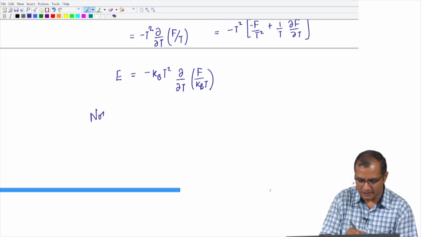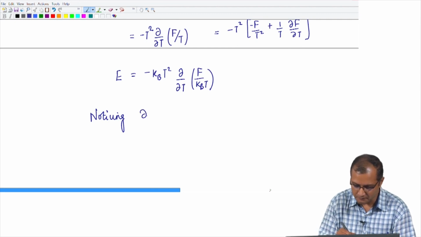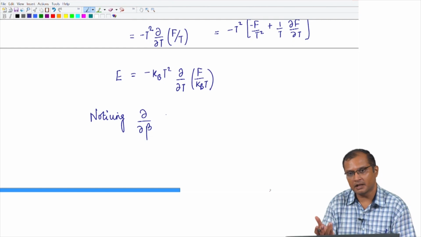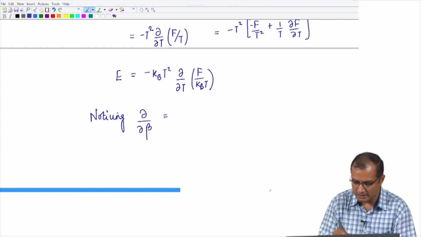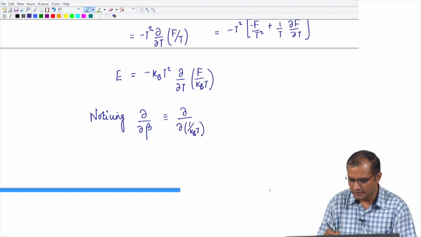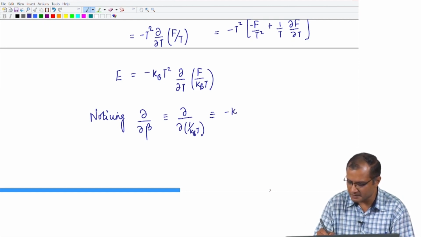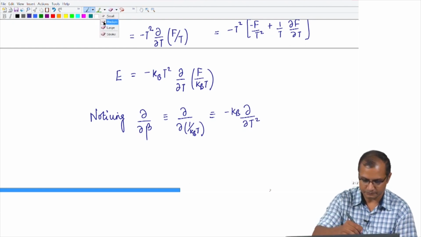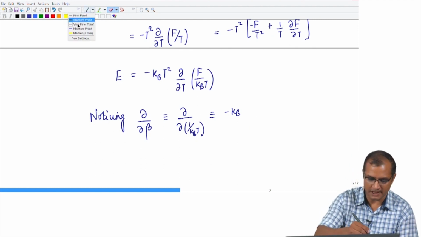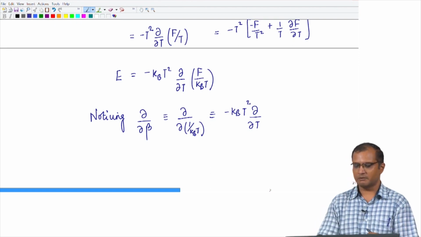And noticing that I can compute a derivative with respect to beta and convert into a derivative with respect to T, this d over d beta, with beta being 1 upon kBT, is nothing but minus kB T square into d by dT.